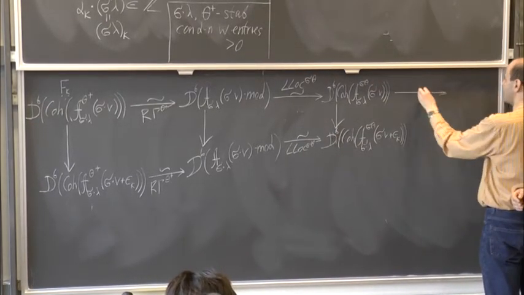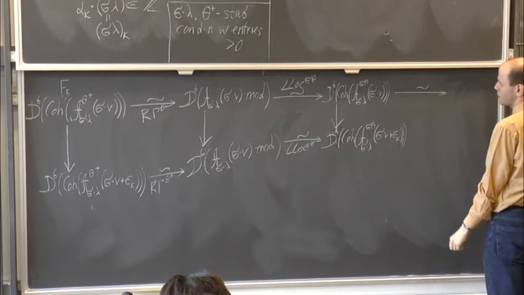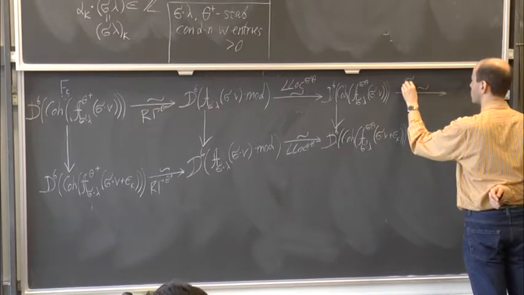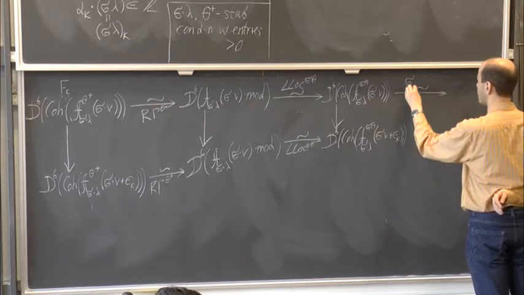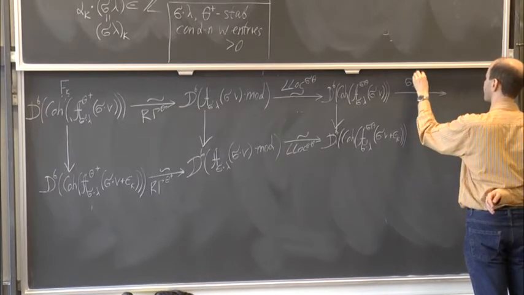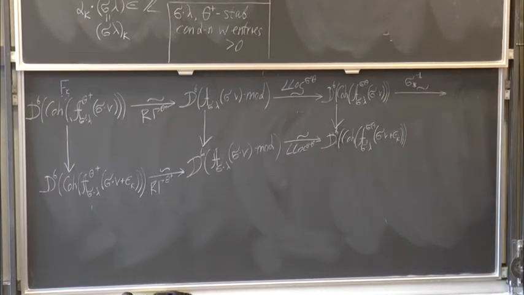And finally, I have a very stupid equivalence of derived categories, which is just given by twisting with an isomorphism coming from sigma inverse.